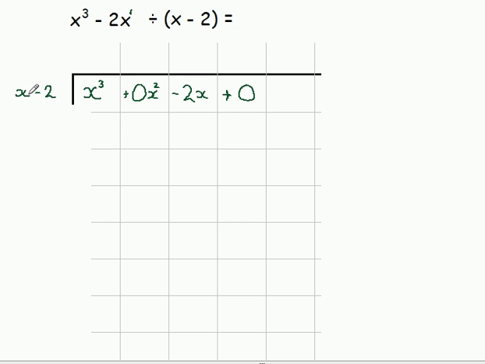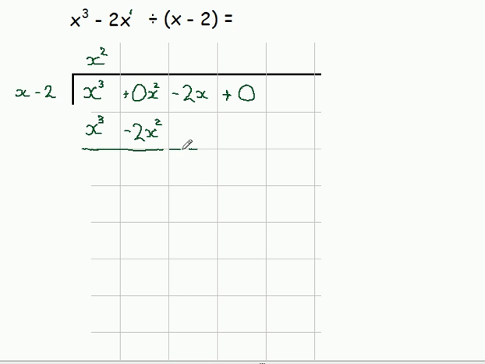So x cubed divided by x becomes x squared. Now if I multiply x squared by this, I get x cubed minus 2x squared. And you can see now why I need this here, because I've got an x squared component in the working out.